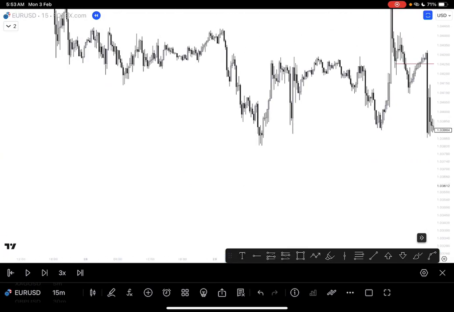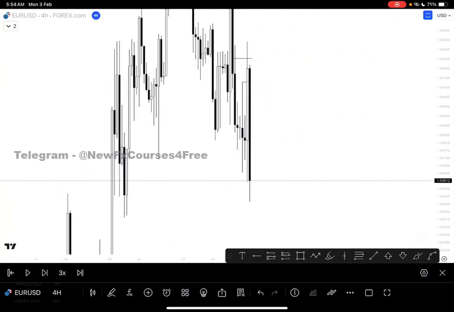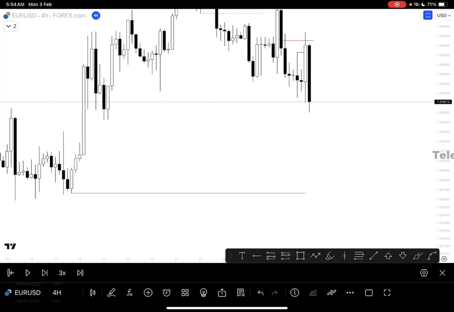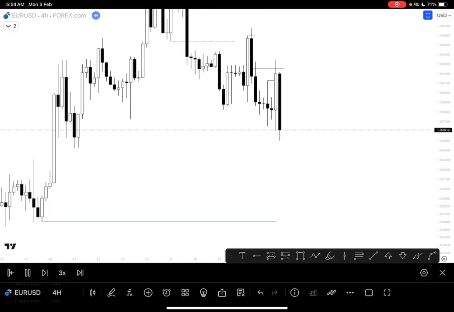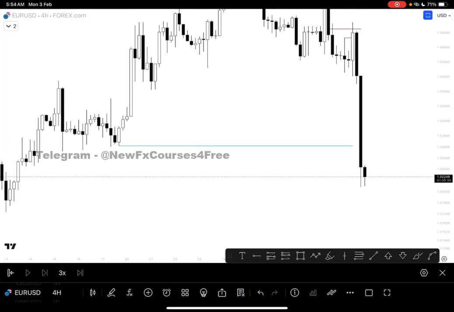So here, going back to the 4-hour time frame, and this is actually our 4-hour order block, and we can expect lower prices for our weekly CRT low, and price actually committed suicide and dumped to our major weekly CRT low.